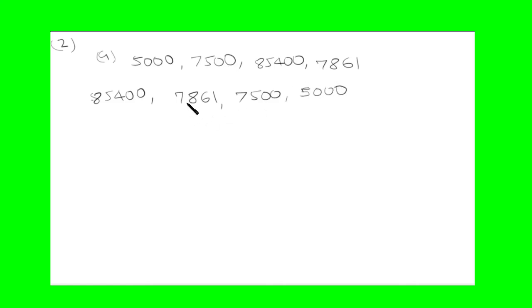We have used 7,861 because at the 100 place 8 is greater than 5. So we have used 7,861, then 7,500, and our last number will be 5,000.